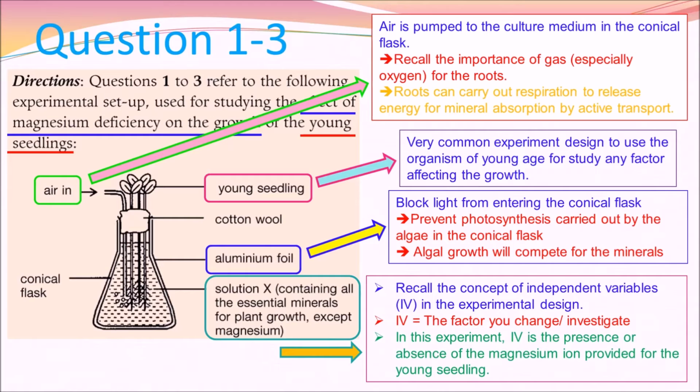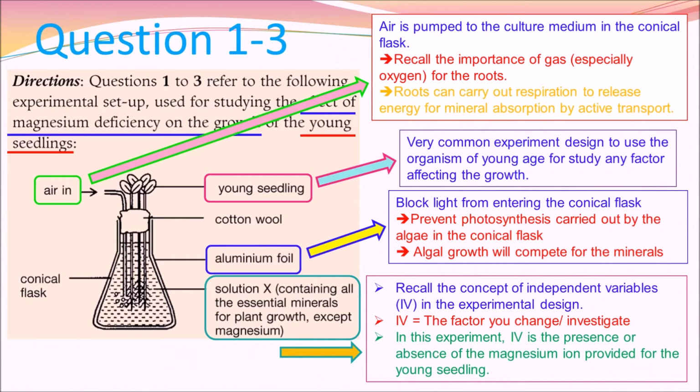In this part I would like to recall the concept of the independent variable, the IV, in the experiment design. The IV is the factor you change, and this factor is also the one you are investigating. You are investigating the effect of magnesium deficiency on the growth of the plant.